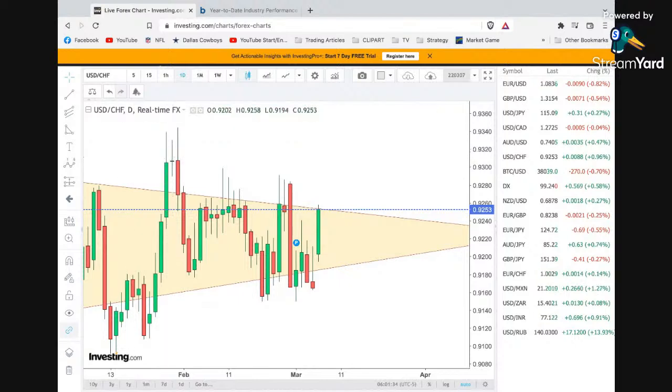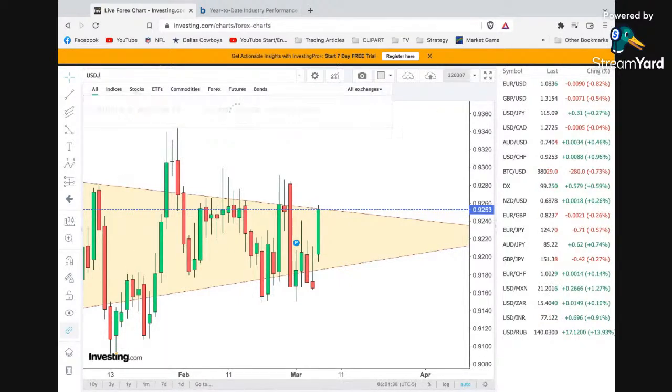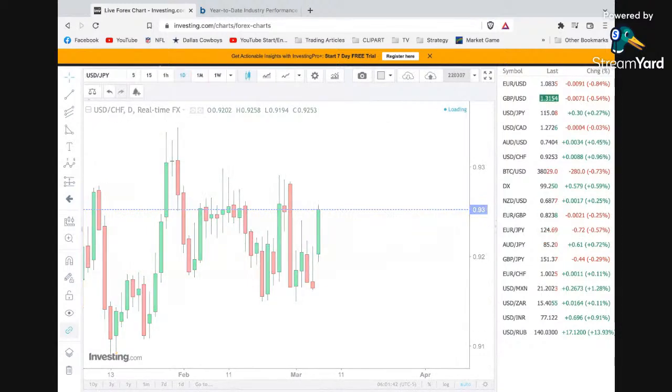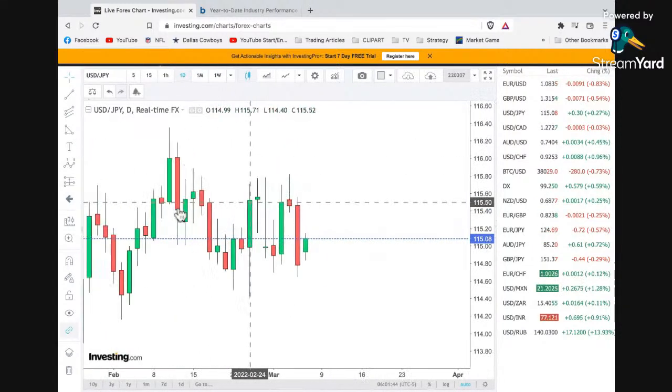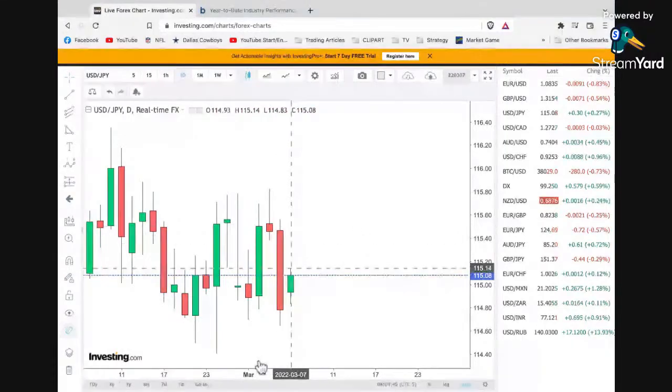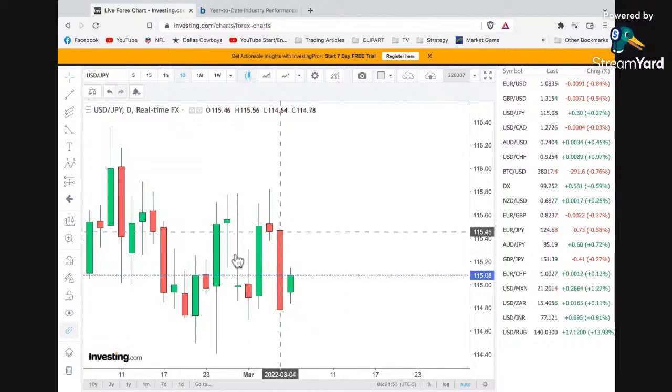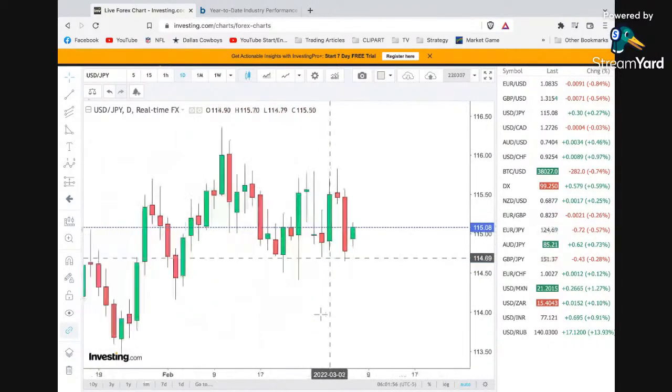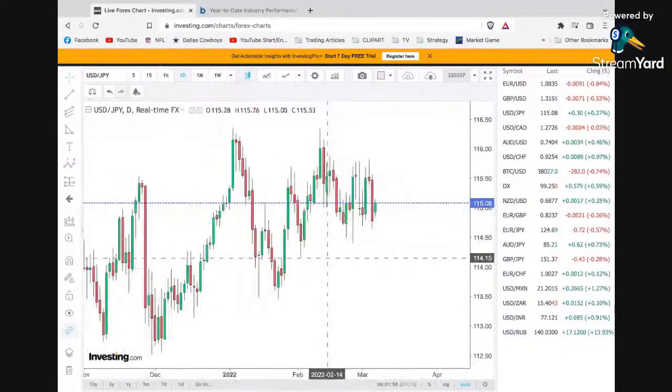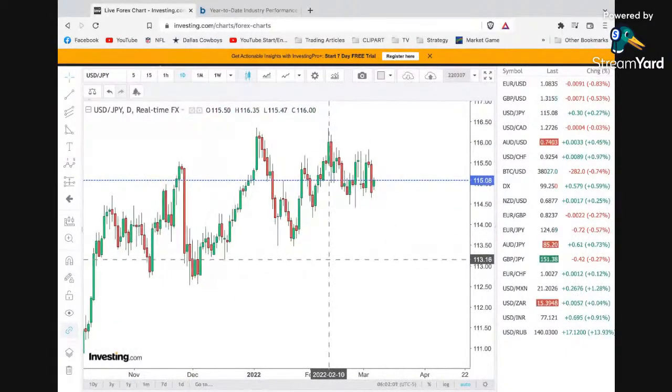If you look at other, let's look at the dollar yen, it should be the same. Look at the British pound. Not that big, but this is from today. We call this an inside trade here. So we'll see if it makes a higher high, but it's going to look like the rest of the world.